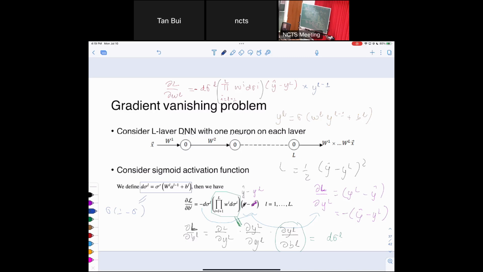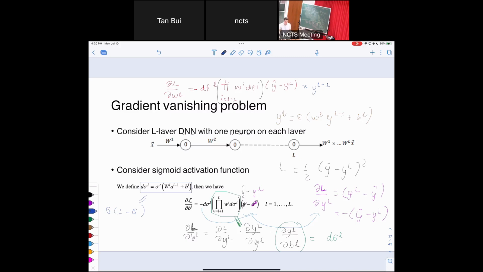That would mean the sigma L by the chain rule times the derivative with respect to W_L, which is y_{L-1}. Very good. That's correct. Thank you.